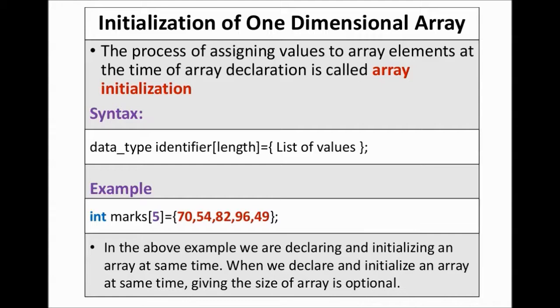Identifier is the name of the array. Length indicates the total number of elements in the array. It must be a literal constant or symbolic constant. List of values indicates the values to initialize the array. These values must be constant.